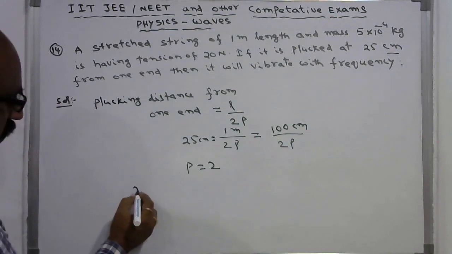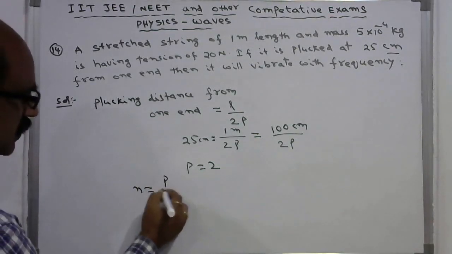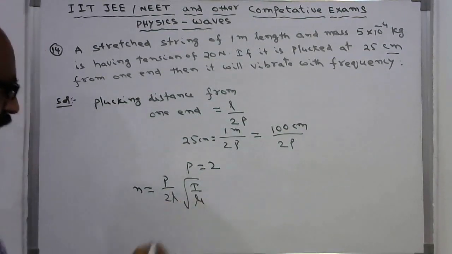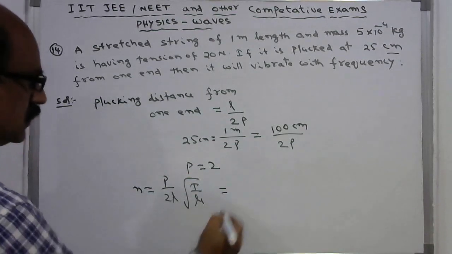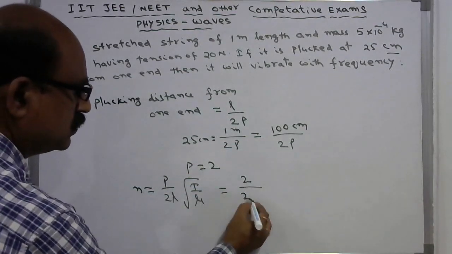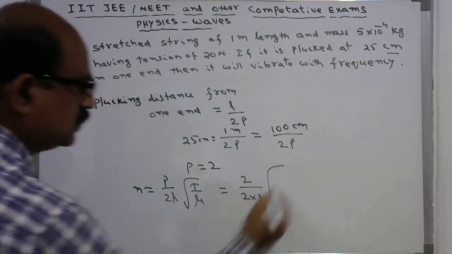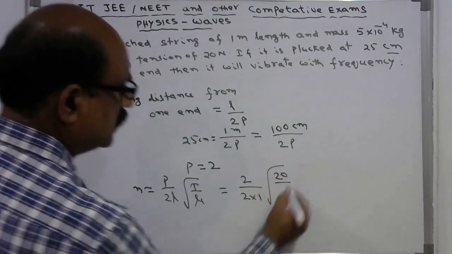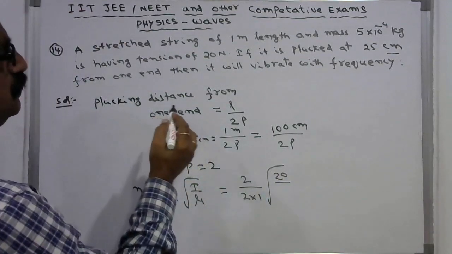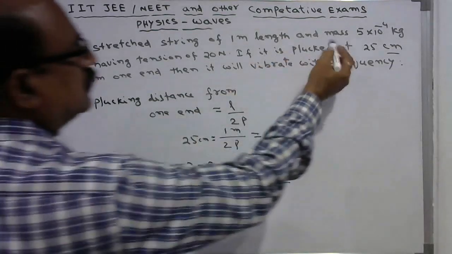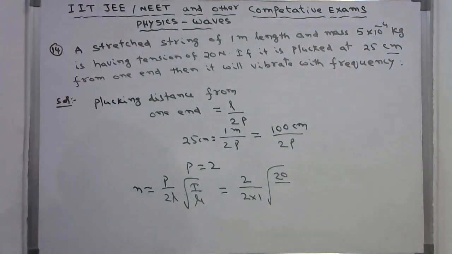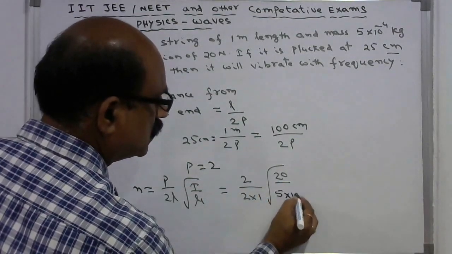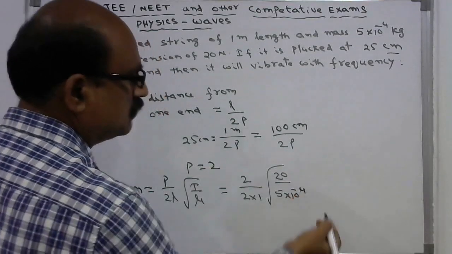But we know the fundamental frequency N is equal to P by 2L under root T by mu. So this is equal to 2 by 2 into 1 whole root of T. Tension is given as 20, and the linear density is given as 5 into 10 power of minus 4 kilogram per meter.